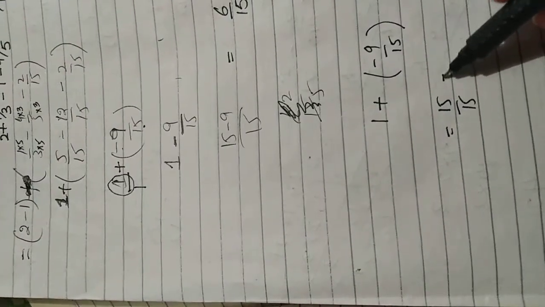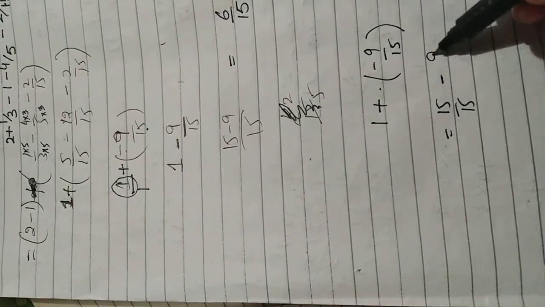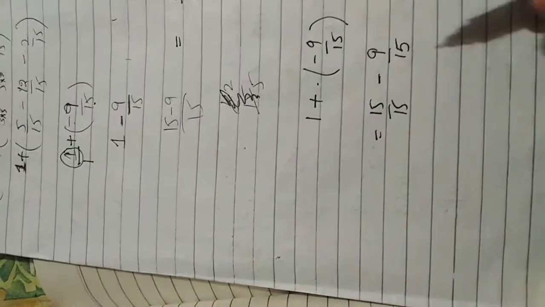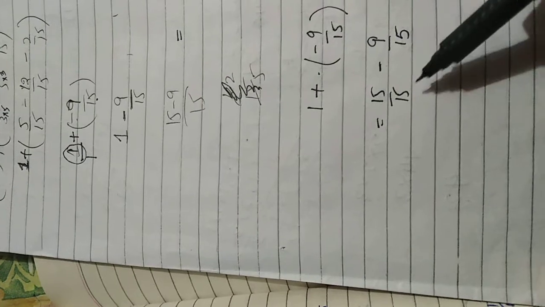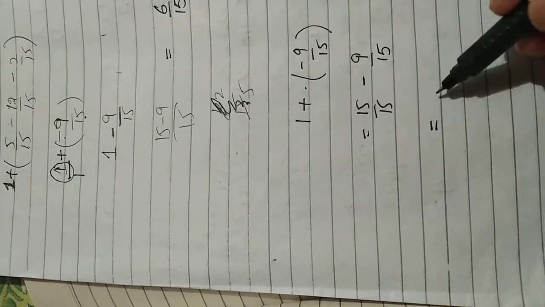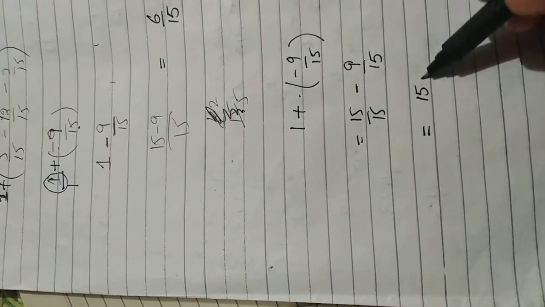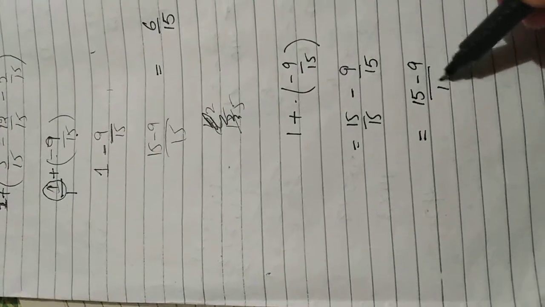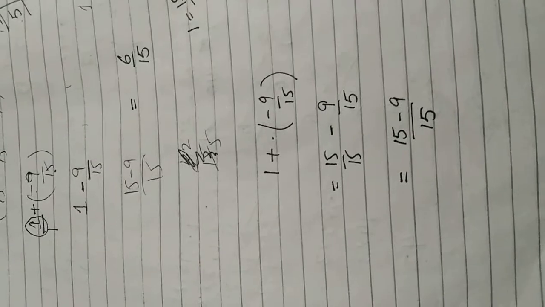So 1 plus minus 9 by 15 is equal to, we will write 1 as 15 by 15 plus minus 9 by 15.